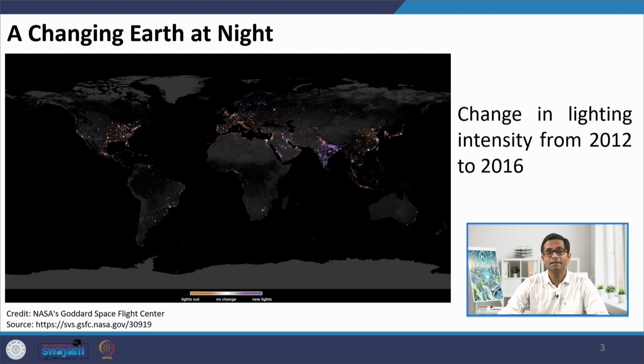One thing that we see here is that the earth as a whole has a huge energy consumption, but this energy consumption, which can be seen with the help of the spread of these lights, is not equally distributed.